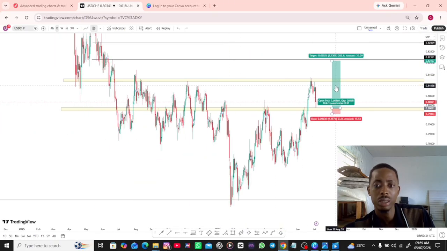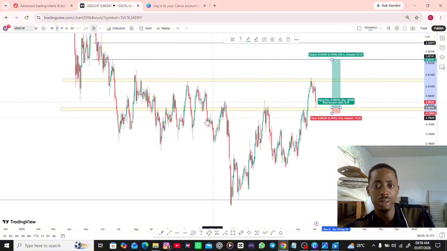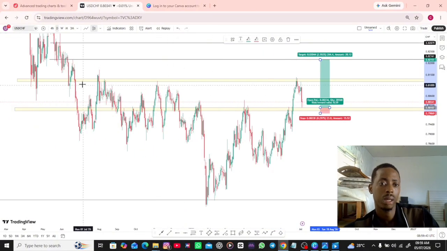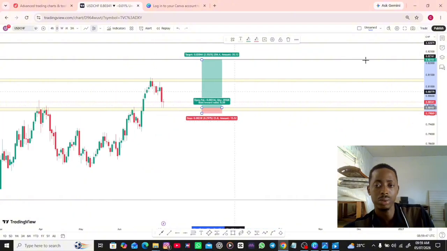For now I'm kind of leaving USD CHF. There's not much the market is creating, but this is just my bias. But I'm very, very careful because of this level.